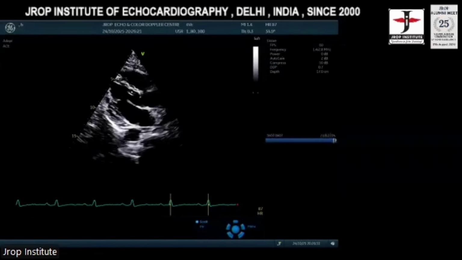And sir, how can we get the right ventricular outflow view? The right ventricular outflow view is the parasternal short axis view at the aortic valve.